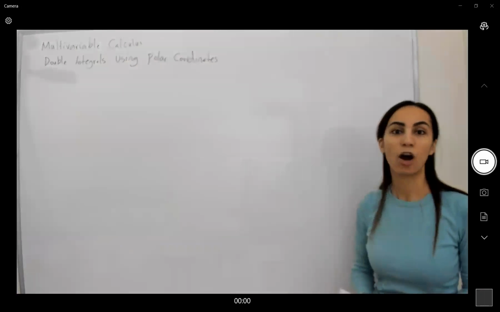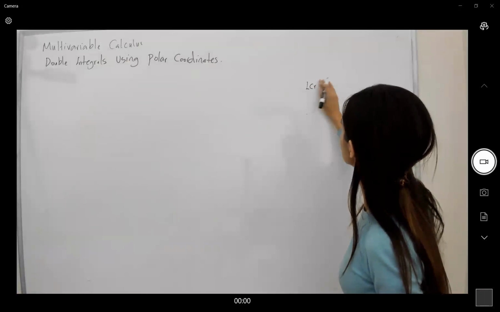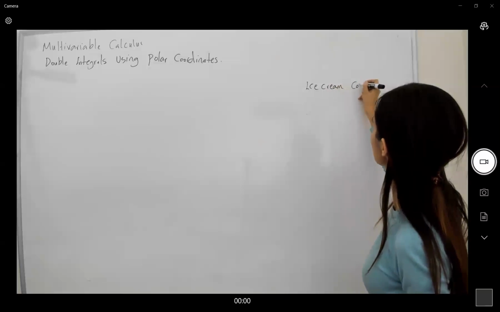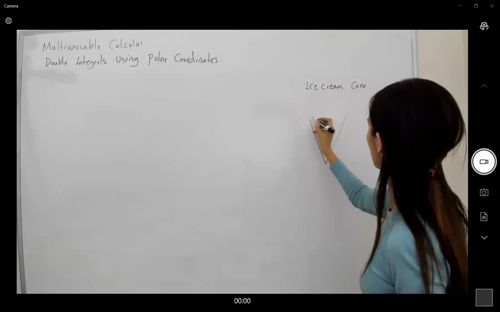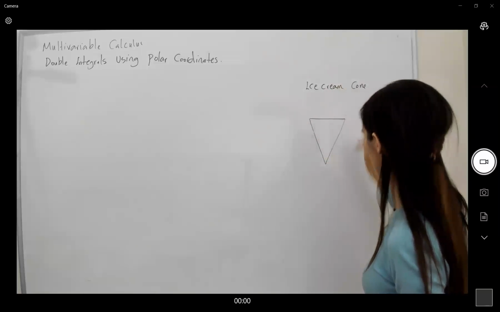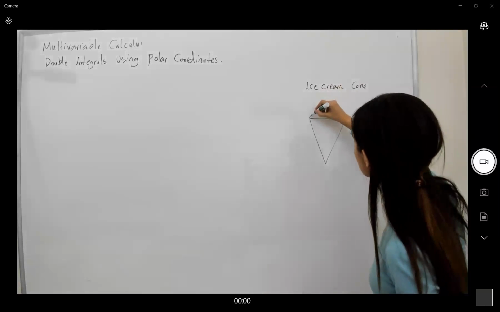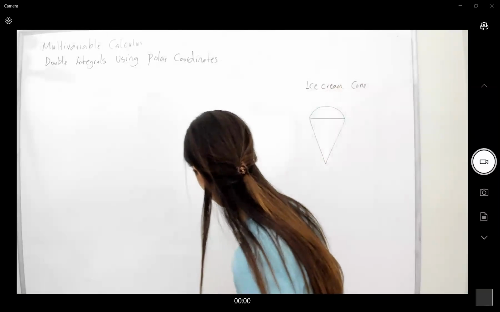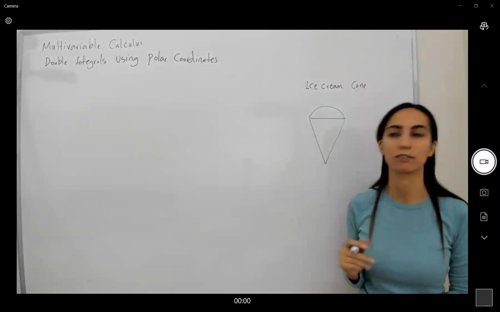Suppose you have an ice cream cone, and on top of it we have this ice cream. And you're wondering how much ice cream you have in this ice cream cone.